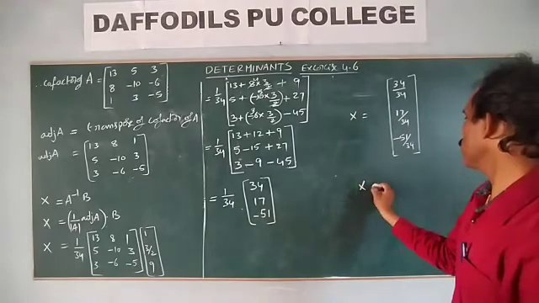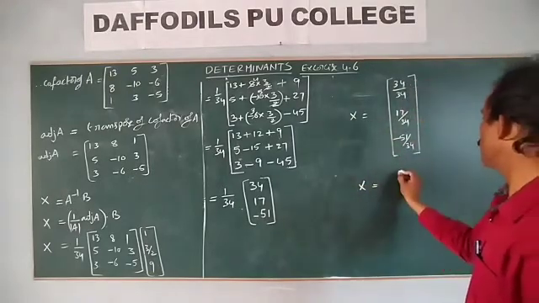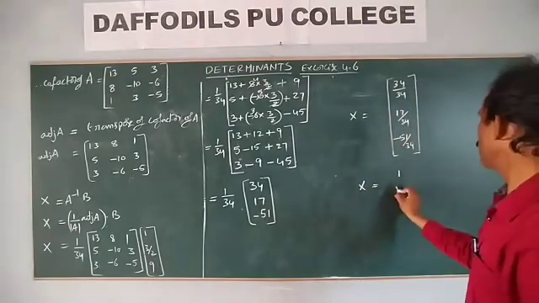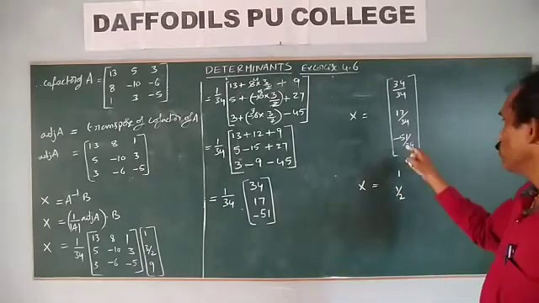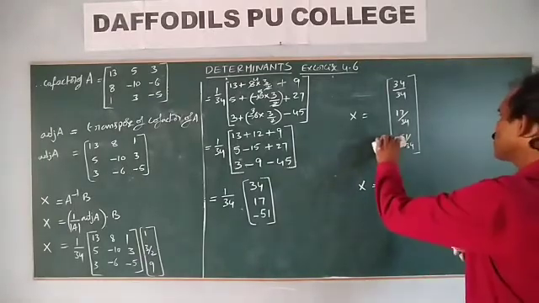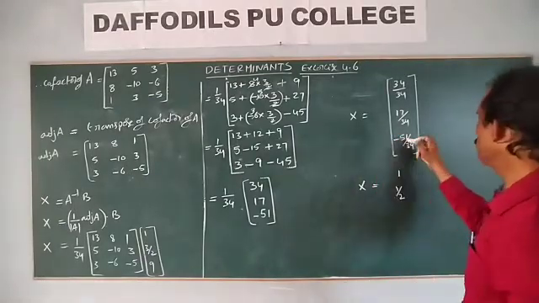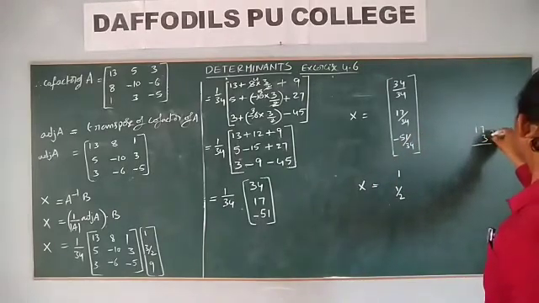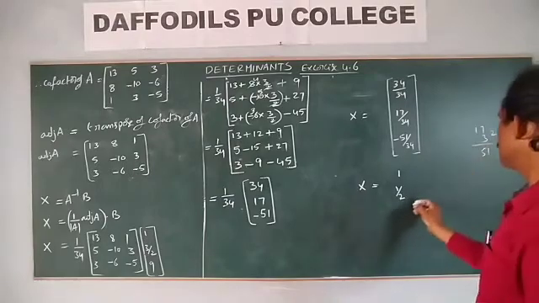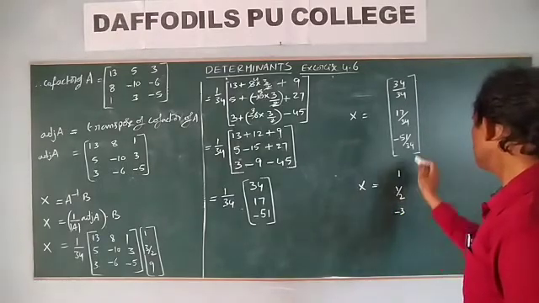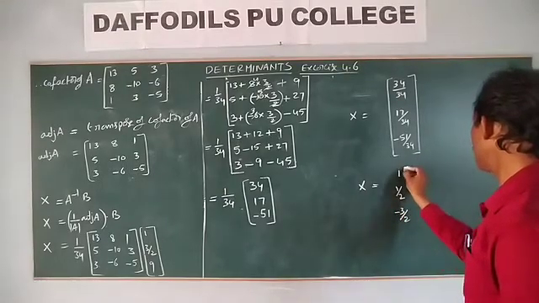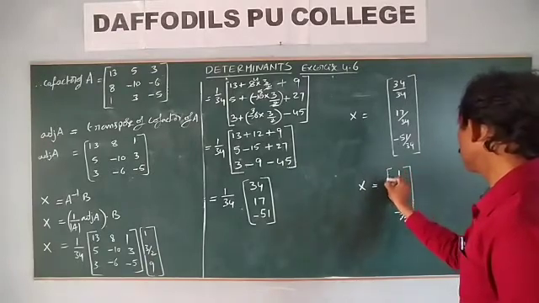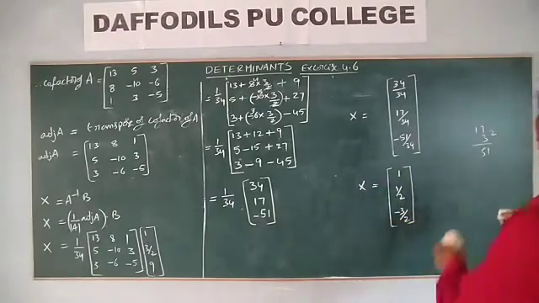So X is equal to 34 by 34, 1, 17 by 34, 1 by 2. In this cancellation, 17 3s, 17 2s, minus 3 by 2. So this is X.